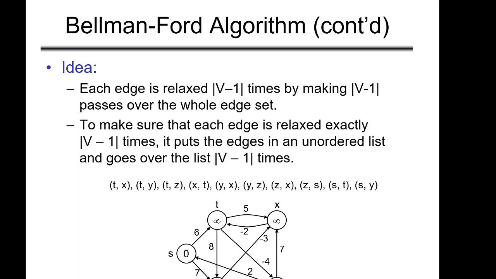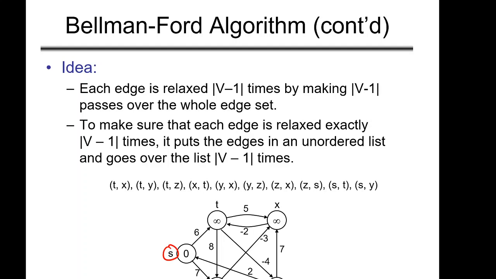So the idea here is we will relax each edge V minus 1 times by making V minus 1 passes over the whole edge set. So what is the idea? Suppose this is the source; we have to go to each and every vertex, sorry, not edge.